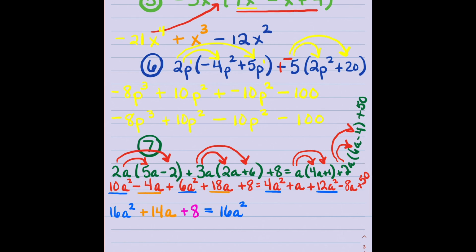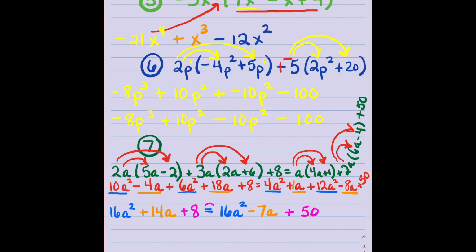And then here's an a and a -8a. Remember, there's always a 1 in front of a variable. So this would be minus 7a. And then let's just keep the plus 50. All right, we have simplified both sides of the equation now.